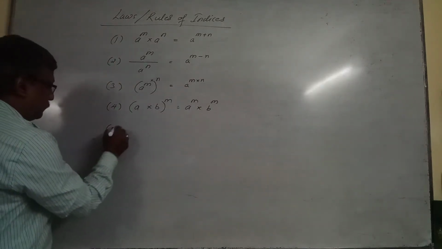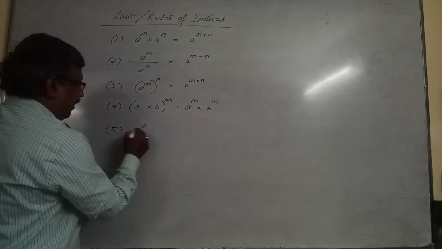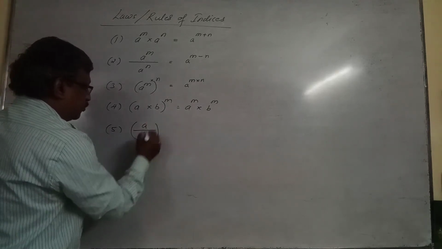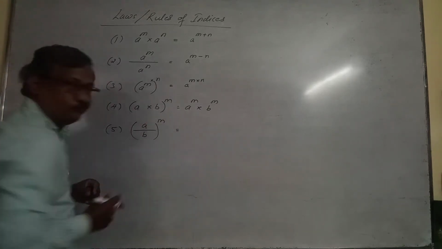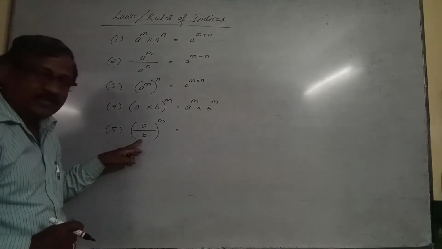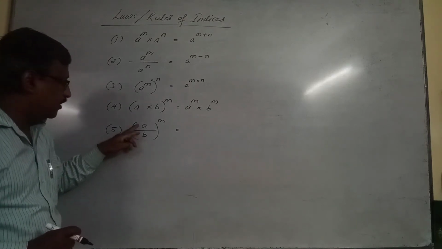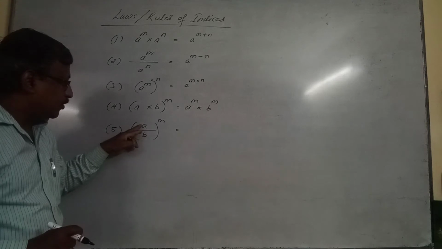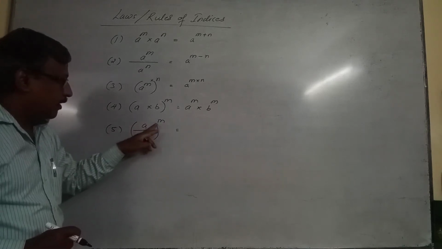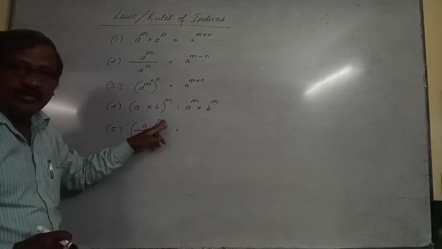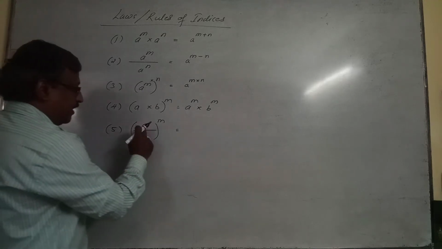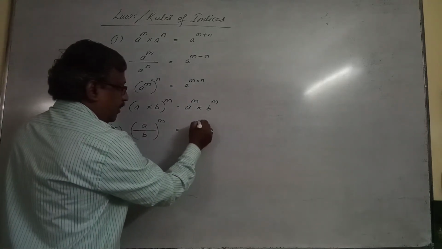Fifth rule is, if it is a divided by b, this whole raised to, suppose, n, right? There is a division. A is one number, b is another number, but the index of both the numbers is the same, n. The same is written as a raised to n divided by b raised to n.